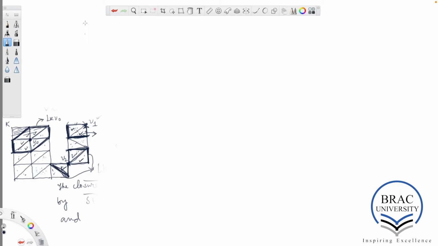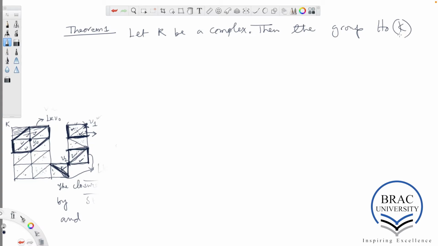Theorem 1 states that if K is a complex, then the group H0 of K, the zeroth homology group of the given complex K, is free abelian. It doesn't have a torsion part.